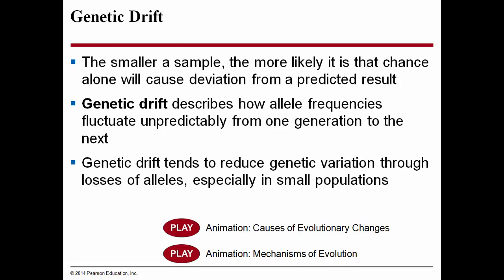So what we're talking about here is like migration events where a small number of individuals will travel to an island, for example, and only those organisms that migrated will carry the traits, and they have a limited set of traits. It's less than the larger set of traits of the original population that they came from.